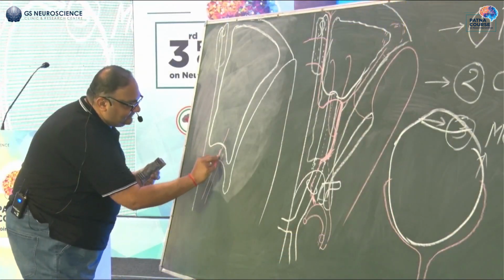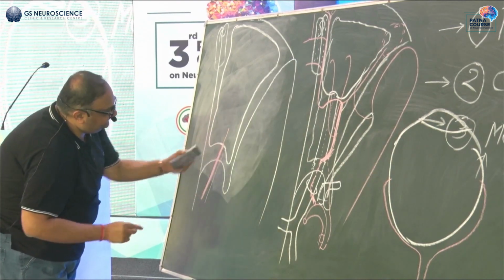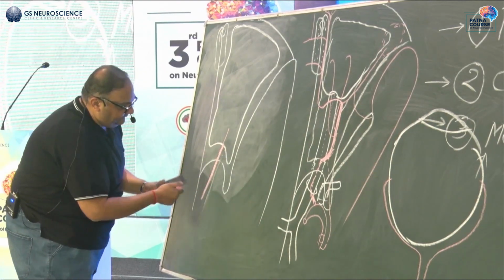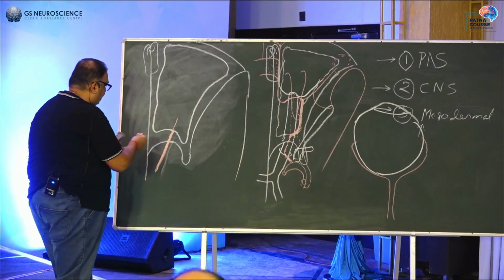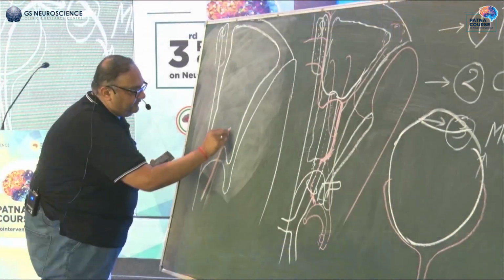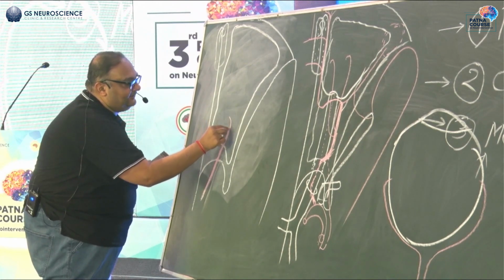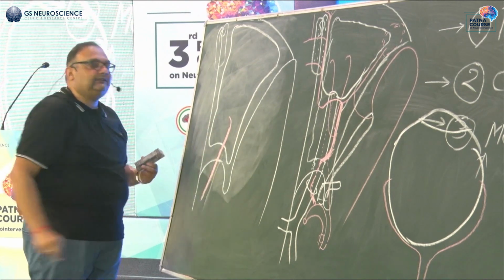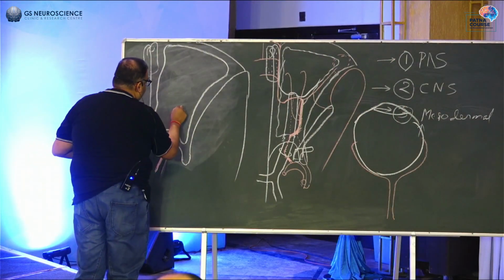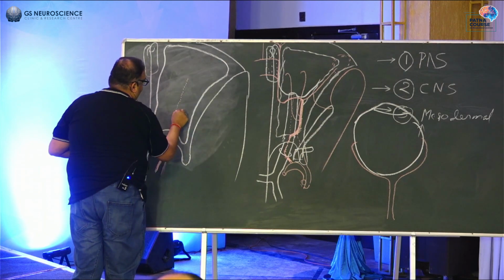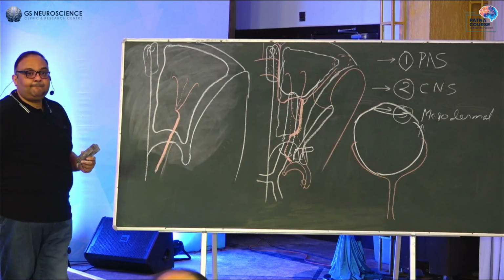We will draw it as a single line only. It will be easier for us. So this ophthalmic artery, from wherever it's originating, has come into the orbit. And this is giving a tiny loop, which is the remnant of the anastomosis that it was doing with the other branch of the ophthalmic artery. And you have the central retinal artery, and you have the two long ciliary arteries. Okay?